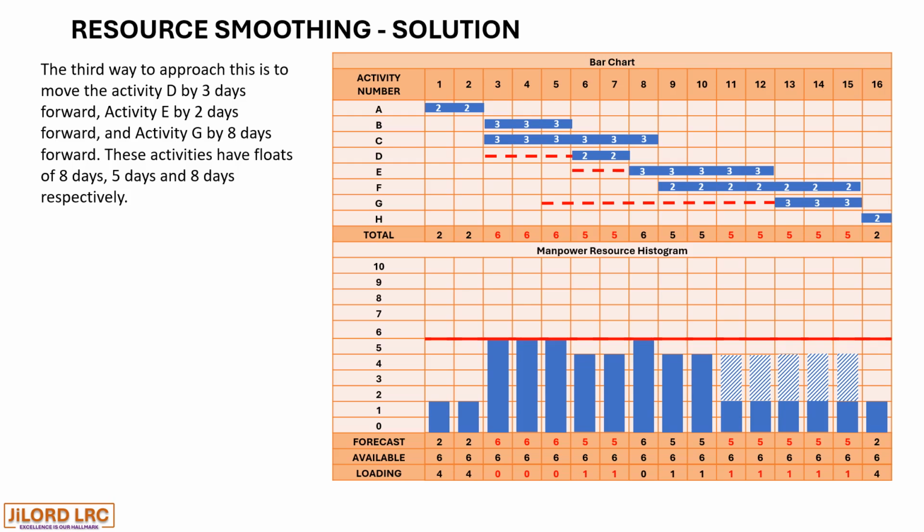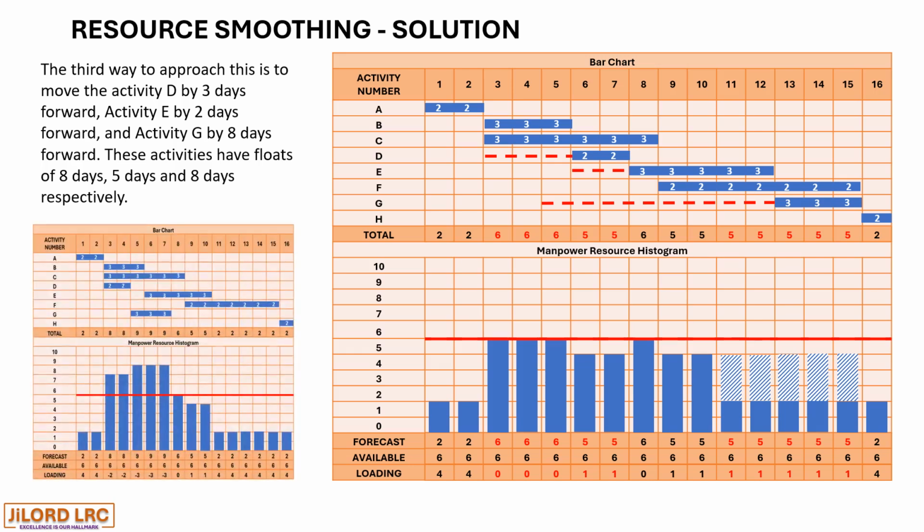And when we look at the resource loading, we only have day 1 and 2 that we underutilize the company's resources, but the other days have an appreciable use of the company's resources. Compared with the initial resource histogram, we can see and conclude that we have worked successfully on smoothing the resources of the company.